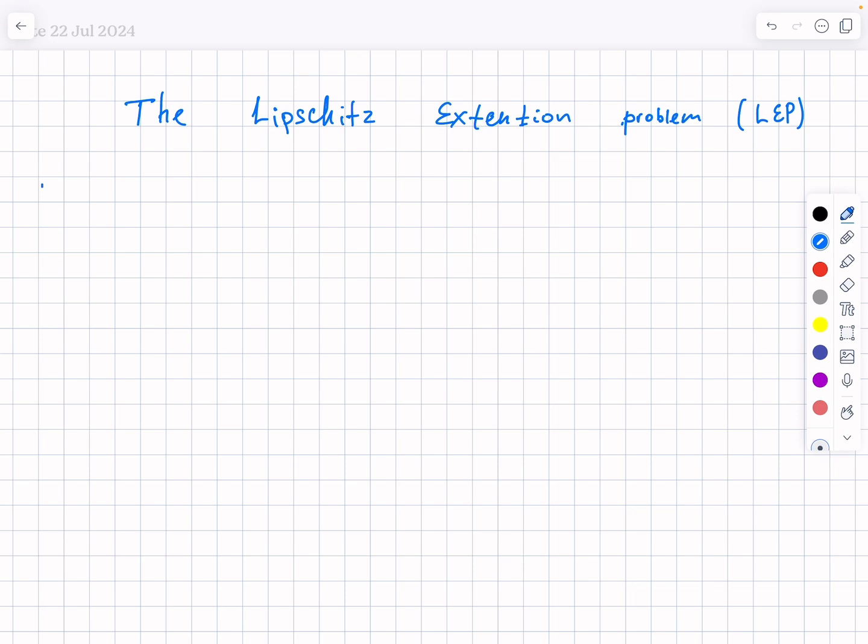First of all, we review the definition of Lipschitz functions. What does it mean? Let our domain X be R^n.